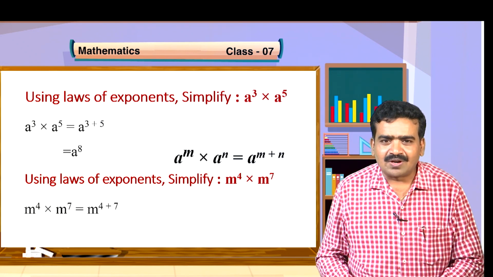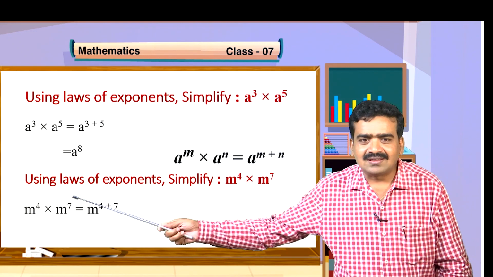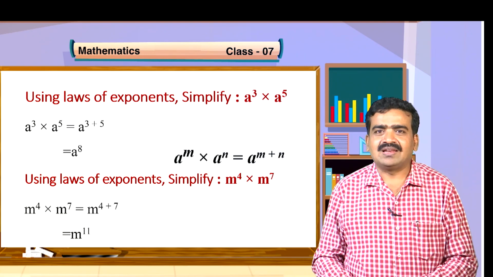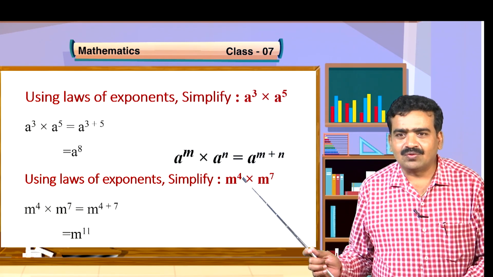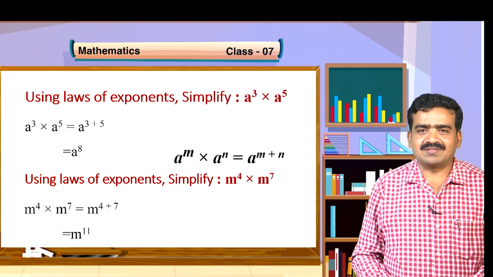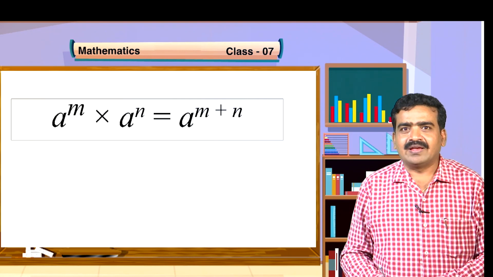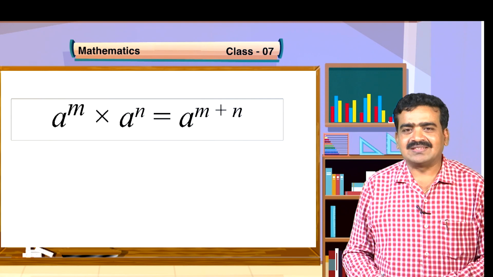Write m to the power of 4 into m to the power of 7 as it is, which is equal to add the exponents, that is 4 plus 7, which gives you 11. So, therefore, the simplified form of m to the power of 4 into m to the power of 7 is m to the power of 11. I hope this formula helps you to simplify the exponents having same base.